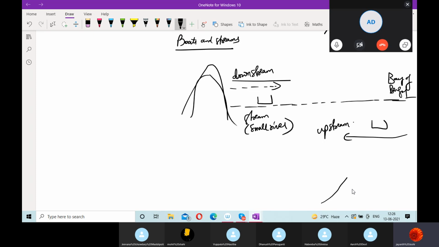Suppose you have taken a cycle and you are going upwards, and you want to reach some point on the peak, so you need to cycle upwards, correct? And you have to put in a lot of effort. In that case, the effort would be very much, correct?